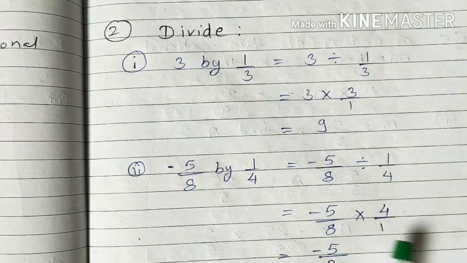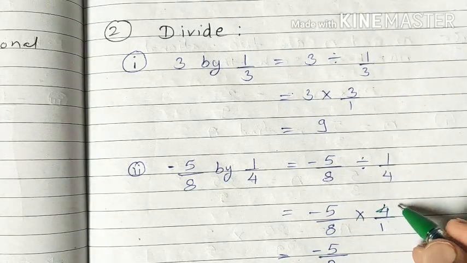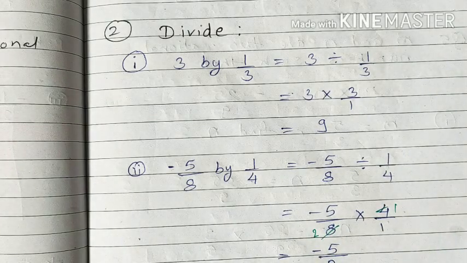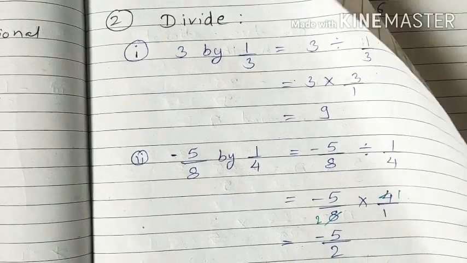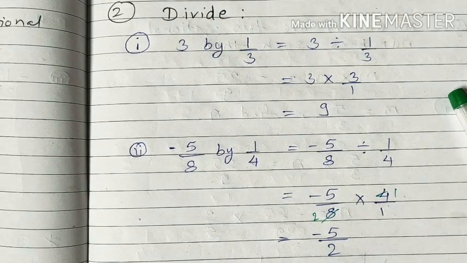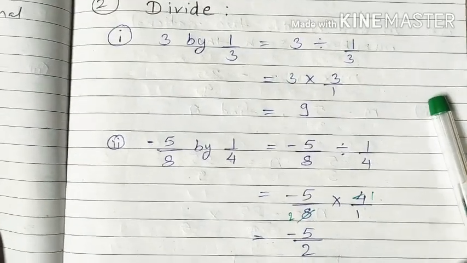Simplification is possible here. 4 ones are 4 and 4 twos are 8. So finally we can write minus 5 into 1 is minus 5. 2 ones are 2. Got it? So the final answer is minus 5 upon 2. Understood everyone?